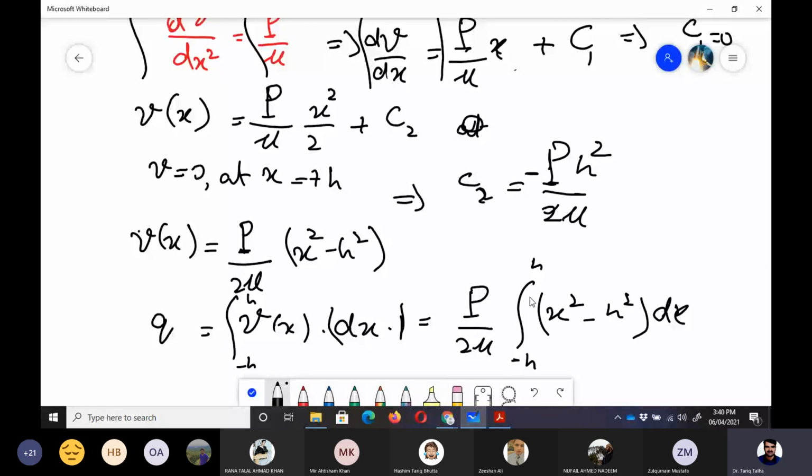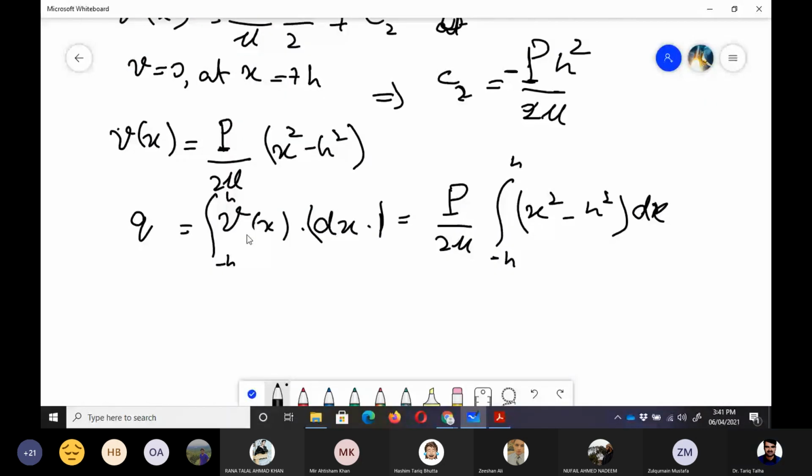If you remember, we did a similar kind of integration for the Poiseuille flow, in which there was y squared minus h squared into dy. So we know the answer.